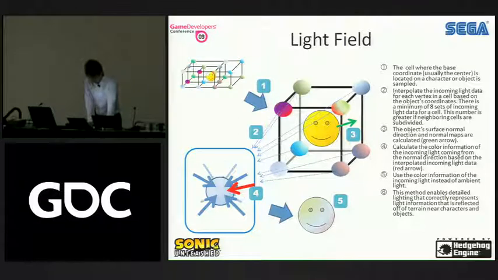Then, how did we use the light field? The cell where the base coordinate, usually the center, is located on a character or object is sampled. Then, based on that, we interpolate the incoming light data for each vertex in a cell based on the object's coordinates. That's the light blue line. There is a minimum of 8 sets of incoming light data from a cell.